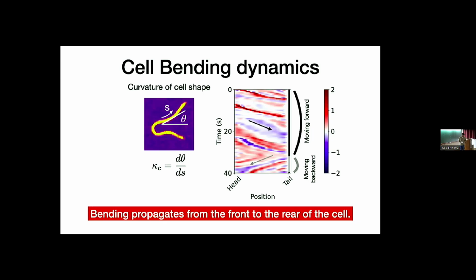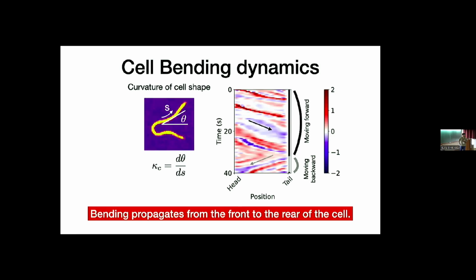So this idea is supported by the analysis of the cell bending dynamics. We computed the curvature of the cell shape, this time without taking the absolute value. We took the kymograph of the cell curvature. The left-hand side is the head, the right is the tail, and the y-axis is time.